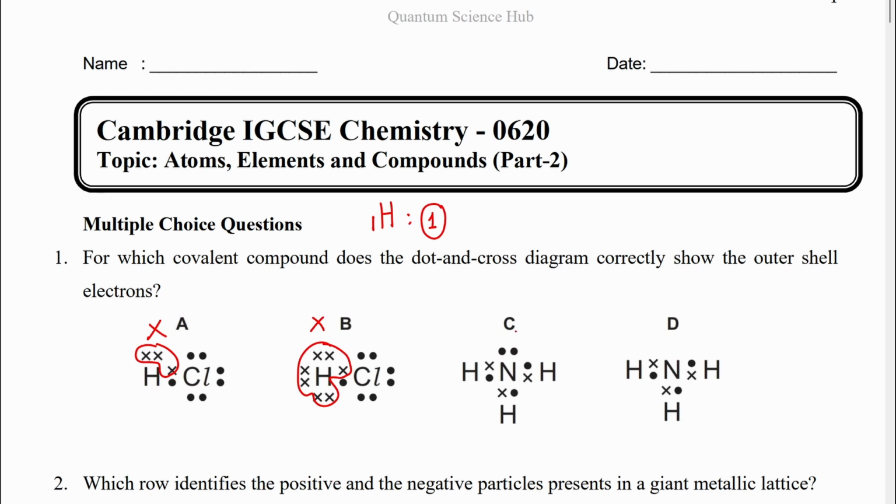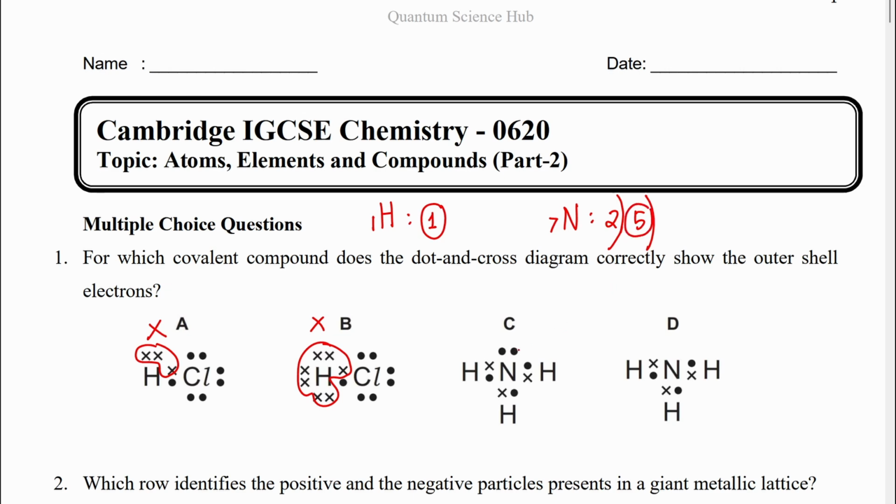And in here, we have nitrogen. And what is the atomic number for nitrogen? It is 7, right? So 7 nitrogen, how we configure 7 nitrogen? 2, 5, right? So the first shell is already full, which is 2, and the second shell is 5, right? So nitrogen contains 5 valence electrons.